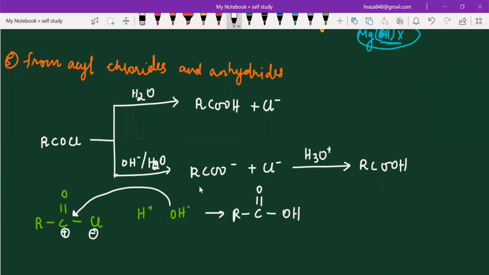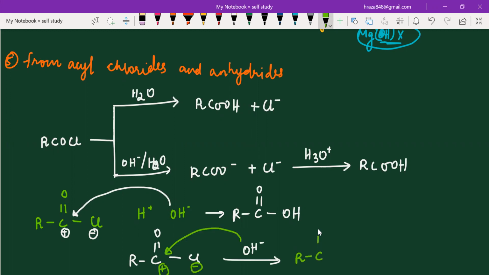In the same way, OH minus will attack here. As you can see, for the second, this is Cl, and you are going to react this with OH minus in the presence of H plus. So this will be the positive site, and this will be the negative site. So it will attack here. So it will form RC double bond O.